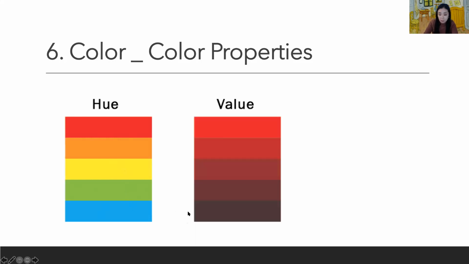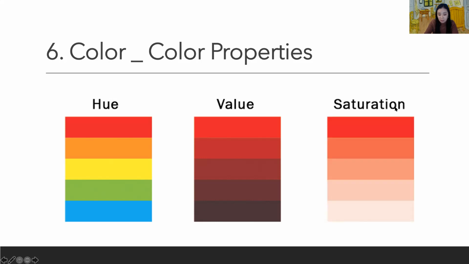And value. We saw value when we learned light. Value refers to relative lightness and darkness. We can see the lightest red, a very solid red color, and we can see the dark red color in these boxes.